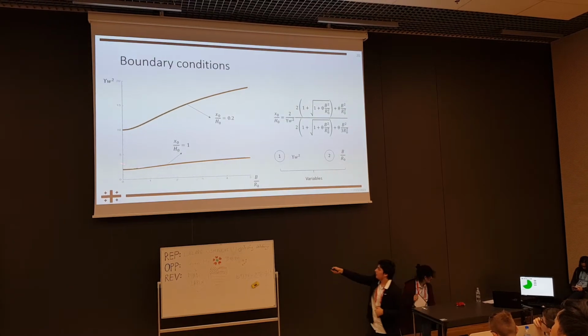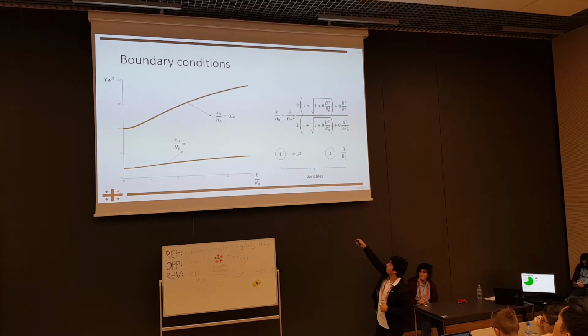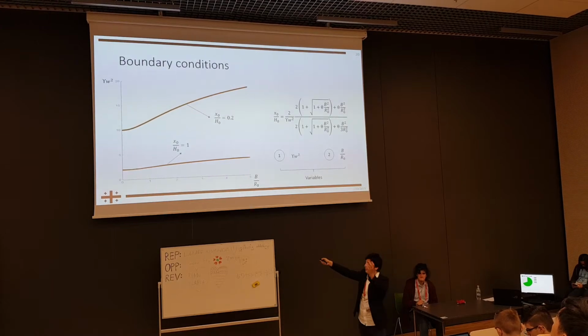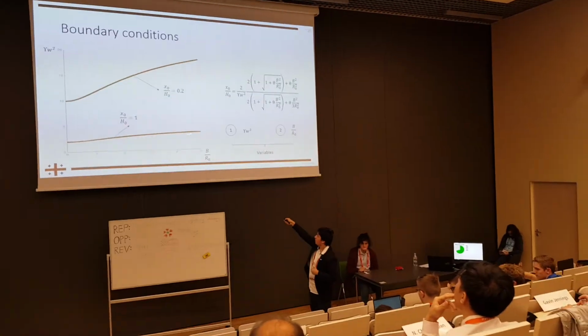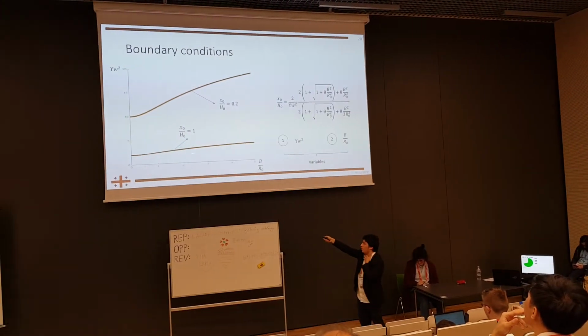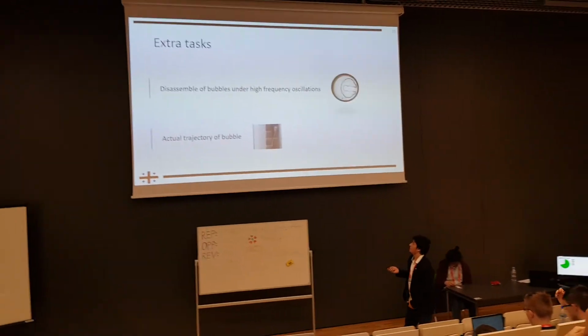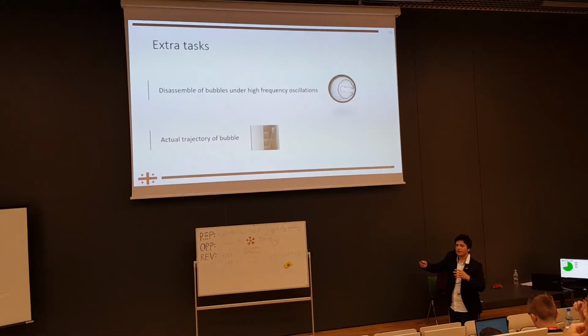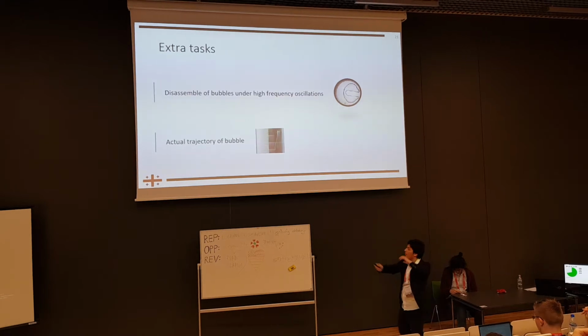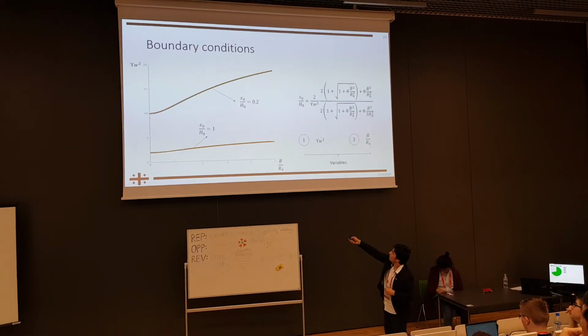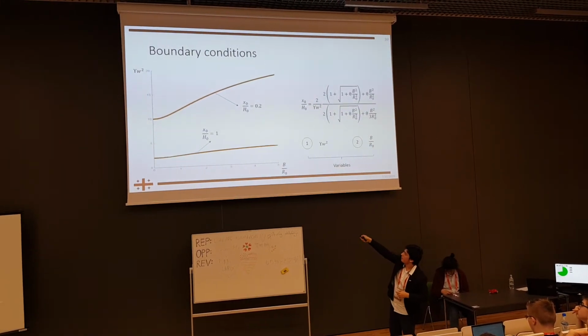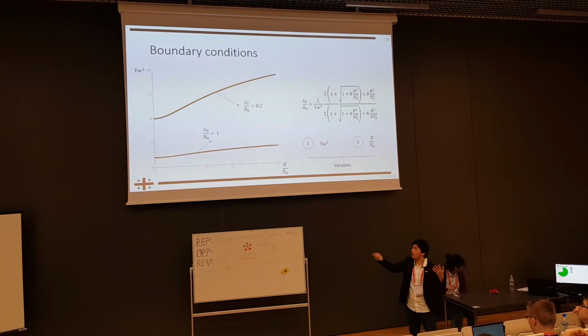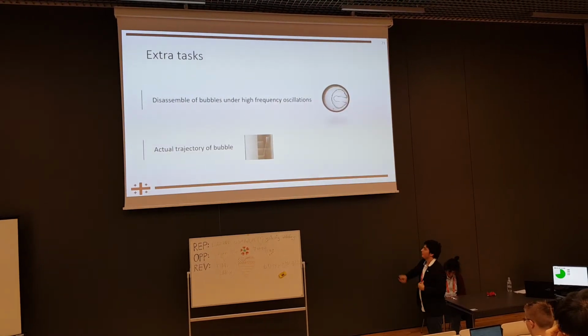And as we see here, this is a plot for different ratios of the critical depth and the height. And of course, when the ratio is 1, the bubble would never sink in the water. Okay, but we still saw some bubbles on this plot, but they still were not observable. So this could be talked about in the extra tasks.